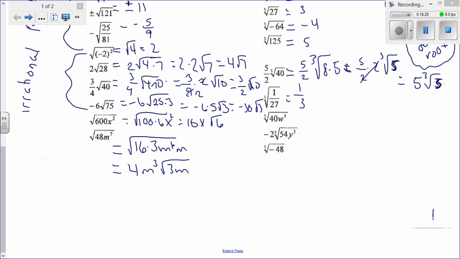I have the cube root of 40w to the 5th. Well, we already broke 40 down up here to 8 and 5.